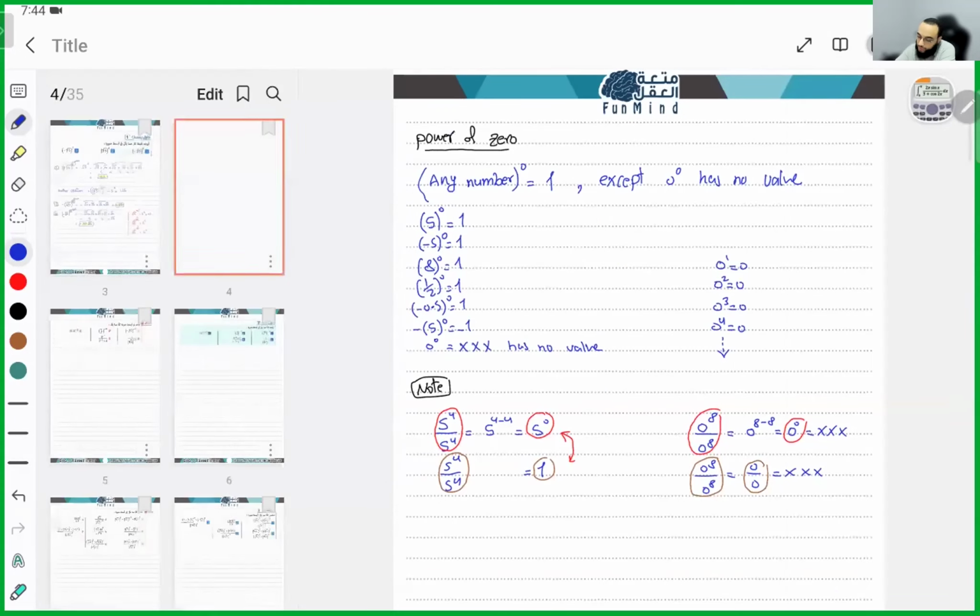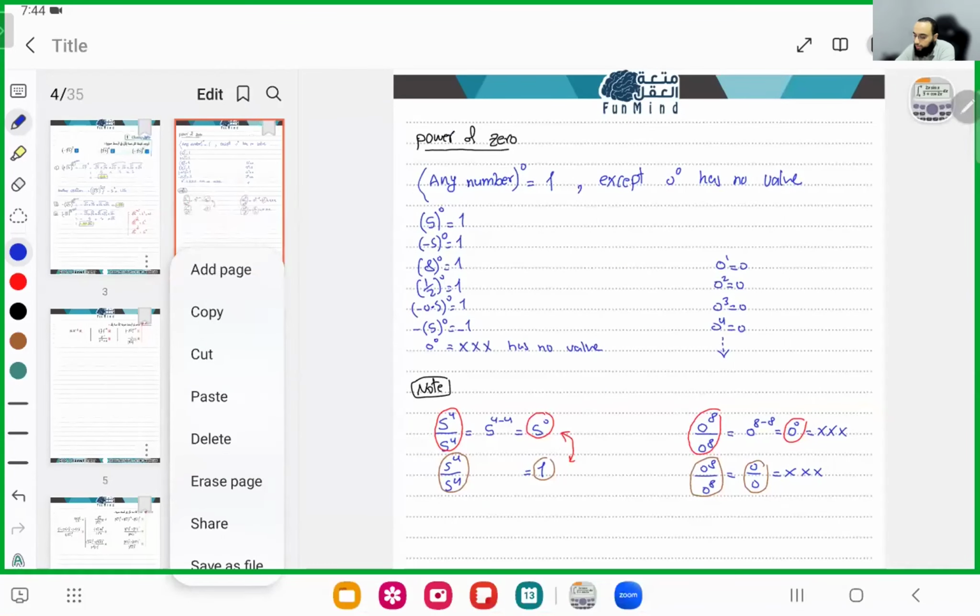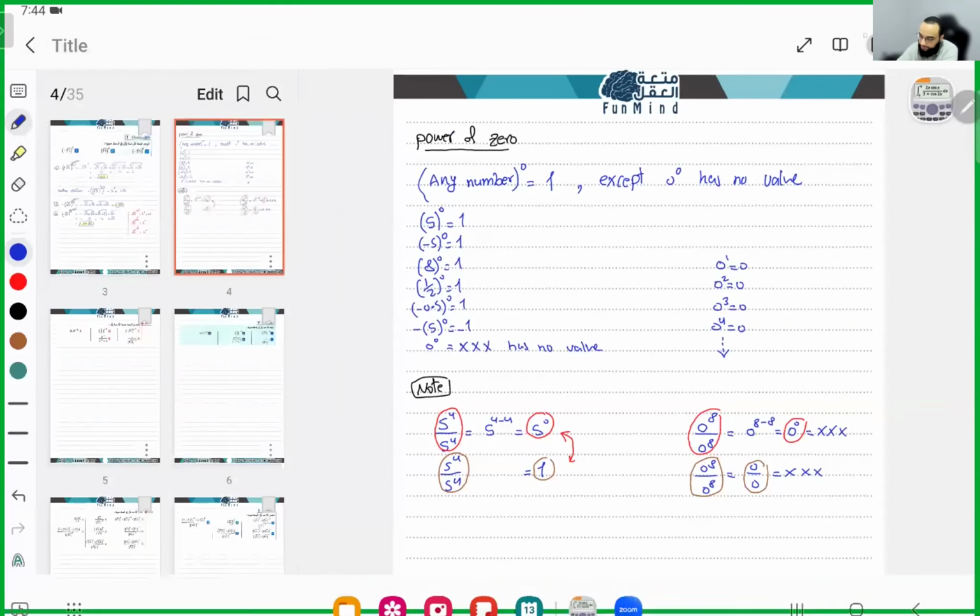Okay. We have another important thing that we have to study, which is the negative power. What happens if you have a negative power? If it is something like 2 power of negative 3, I could write instead of 2 power of negative 3, 1 over 2 power of 3.